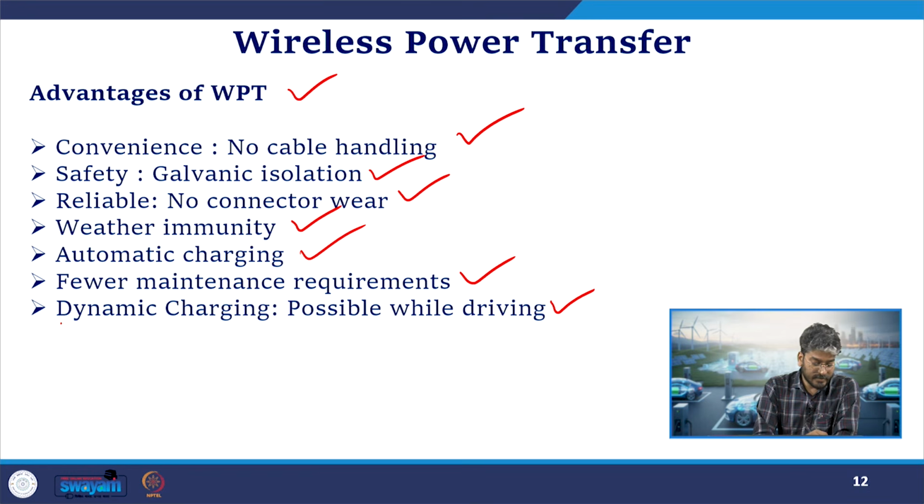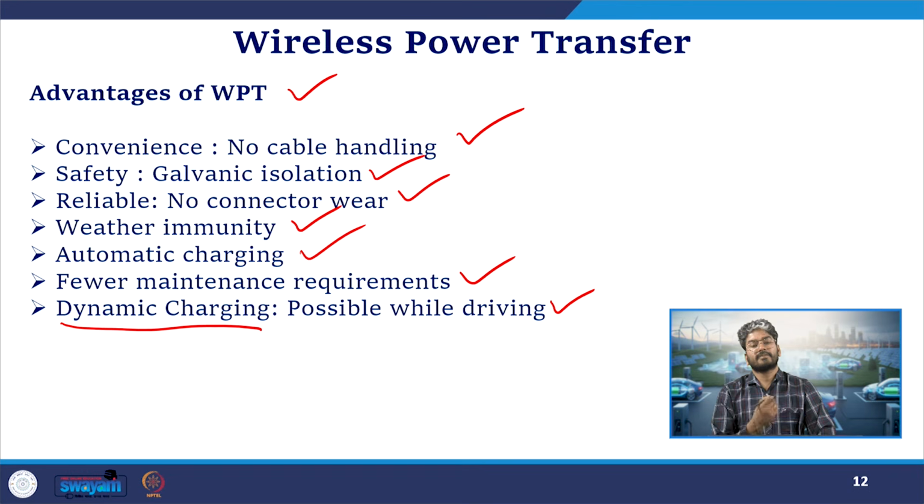Dynamic charging is charging in motion, where the vehicle will be running and its battery will be charging. We will have a road or track where the chargers or the transmitters will be installed inside the track, and while the vehicle is moving over the track, it will be charged. So there will be zero downtime when we go for wireless power transfer.